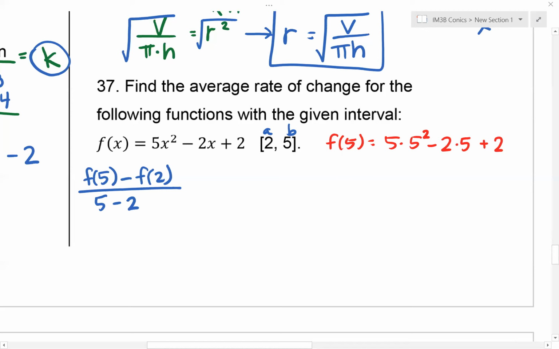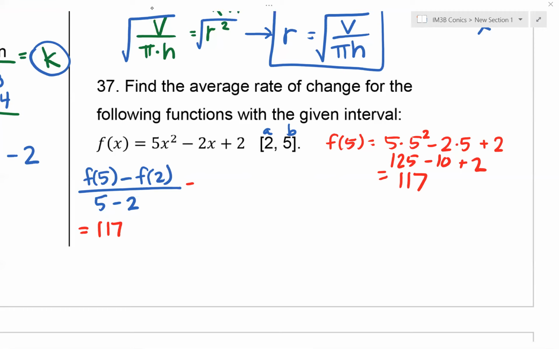So 5 times 25 is going to give us 125 minus 10 plus 2, which gives us 117. So f of 5 right here is 117.